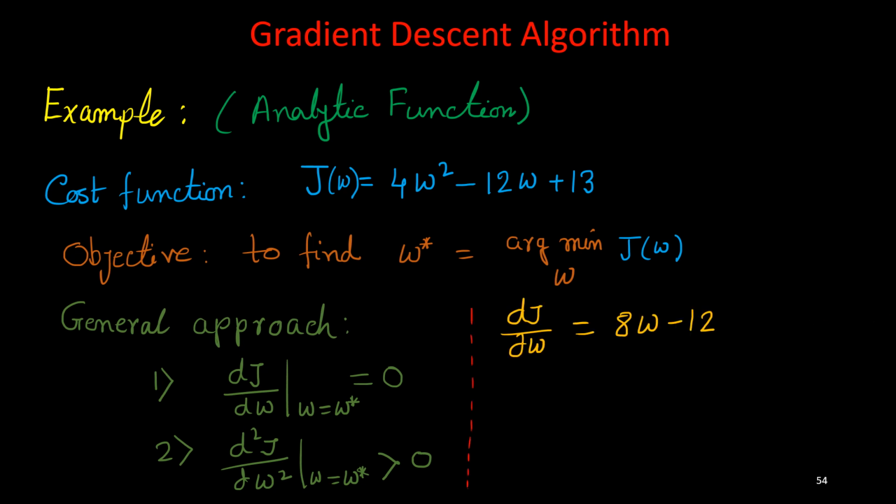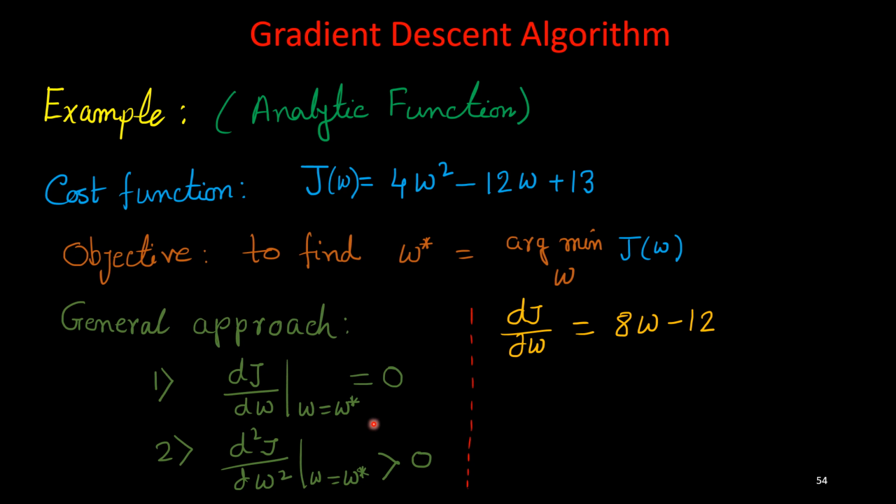Now for this problem, if you take the derivative of this cost function J, the derivative of w squared will be 2w, so 2 into 4 is 8, so 8w. The derivative of w is 1, so here it will be minus 12, and the derivative of the constant becomes 0, so I have not written it here. So the derivative of this cost function is simply 8w minus 12.